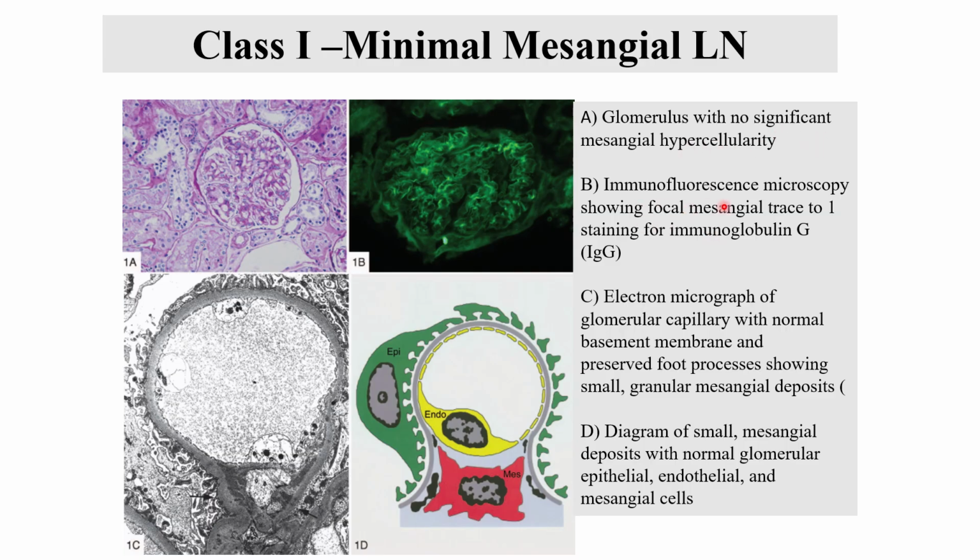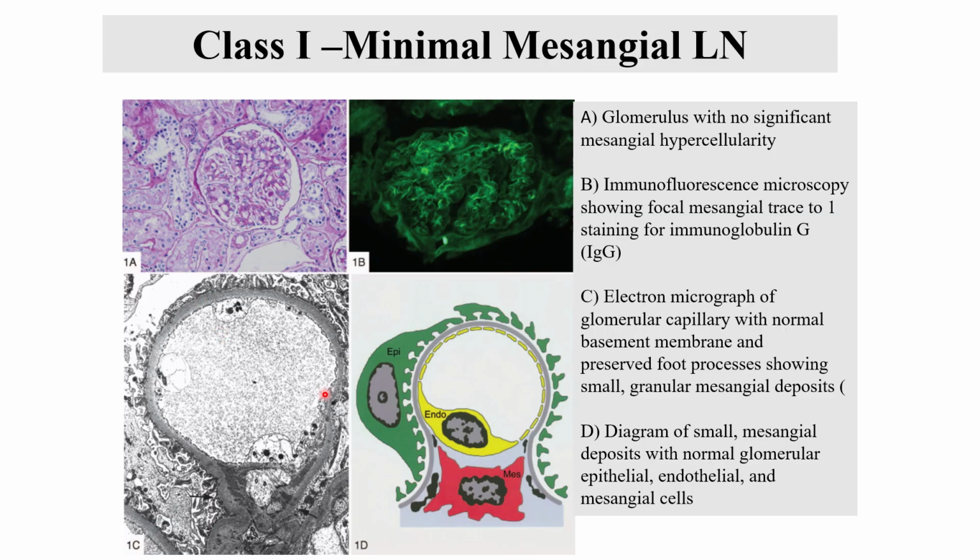On immunofluorescence, there is focal mesangial trace to 1 plus staining for immunoglobulin G. On the H&E staining, you can see no significant mesangial hypercellularity. This is the immunofluorescence, with focal 1 plus staining for IgG.